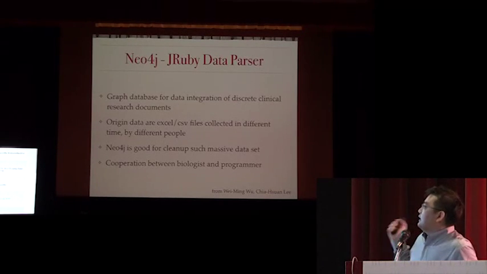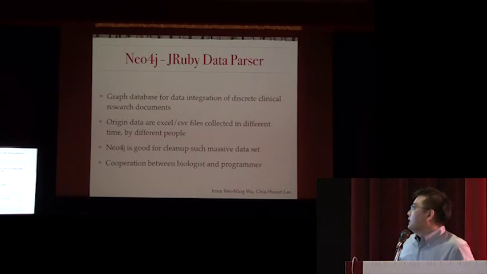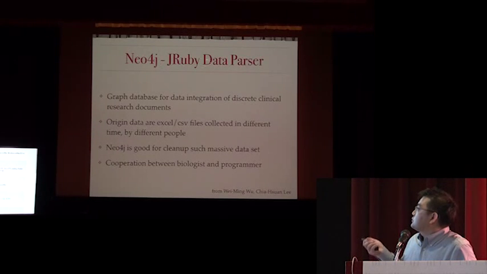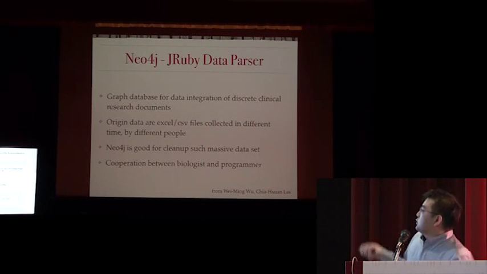Okay. And we also do some data parsing using Neo4j. We use JRuby to connect with Neo4j. Neo4j is a graph database, so we use it to integrate clinical research data.